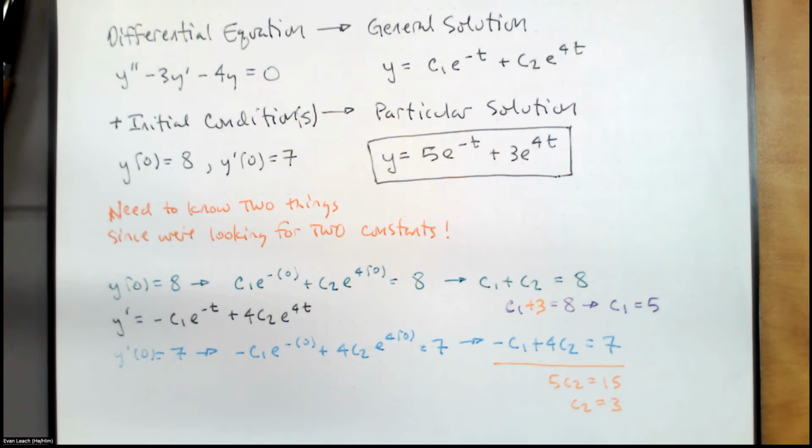All I need to do if I want to find out C1 and C2 is to give you two pieces of information. So I can tell you that y of 0 is equal to 8, and I can tell you that y of 1 is equal to some other number. That would change what we're looking at. We're looking at a boundary value problem in that case.